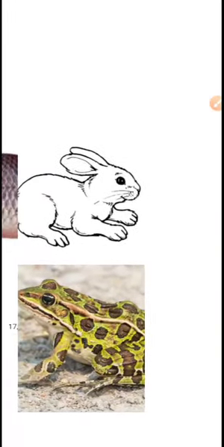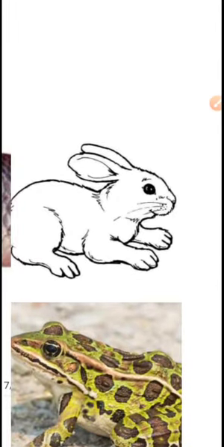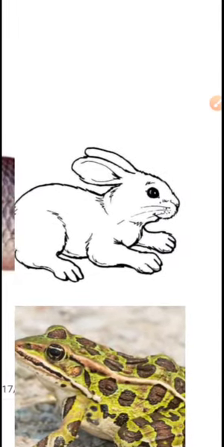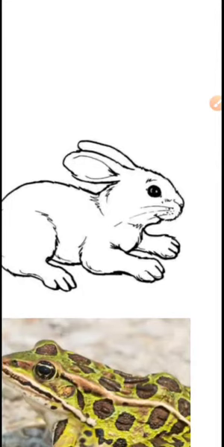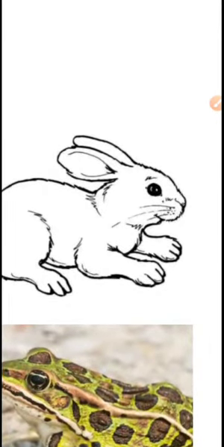Next, second question is based on vertebrate specimens. First one is rabbit. Identifying character, body is covered by hair, and presence of long pinna.